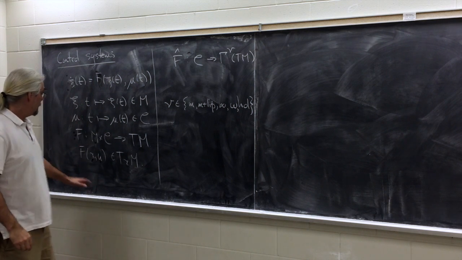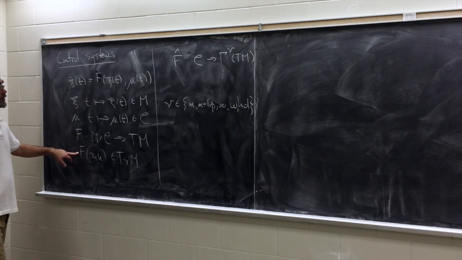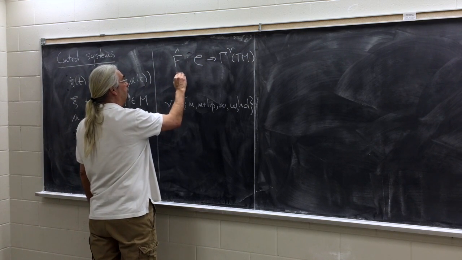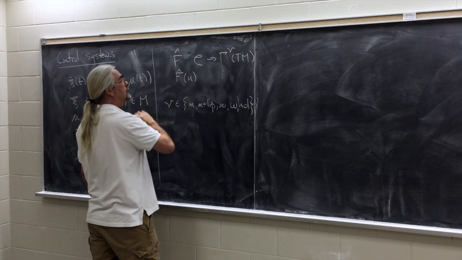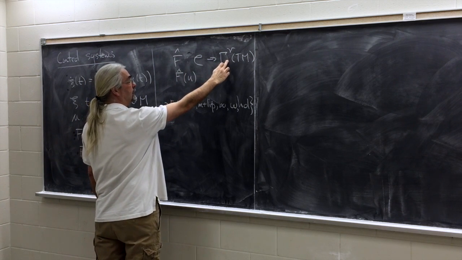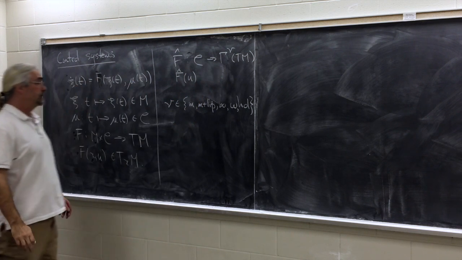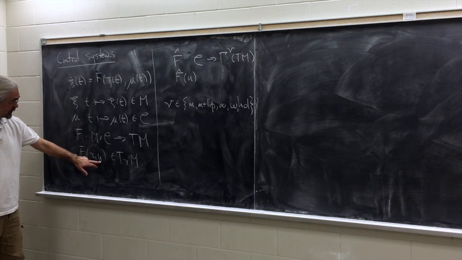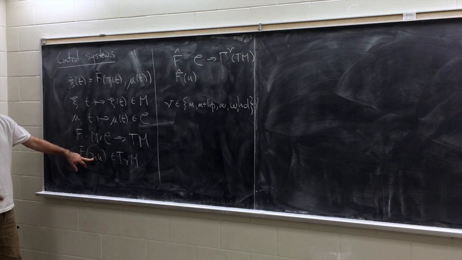Okay, and so given a map like this, you're going to get a map like so, and so f hat of u. So I'm telling you that that's going to be a vector field, and so it's going to be of class C nu. Okay, so what that means is that for fixed u, as a function of x, it should be class C nu, but we're going to have more properties than just that, but you need at least that.